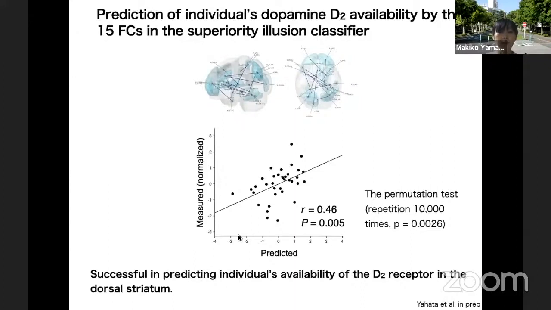As shown here, measured dopamine D2 receptors, normalized on the vertical axis, and on the horizontal axis, the predicted dopamine receptor availability from the 15 functional connectivities, are positively correlated, and it was successful in predicting individuals' availability of D2 receptors in the striatum. And this robustness was also further confirmed by the permutation test.